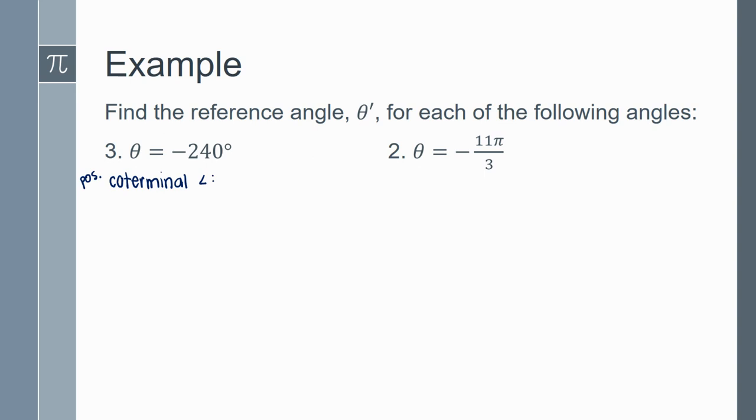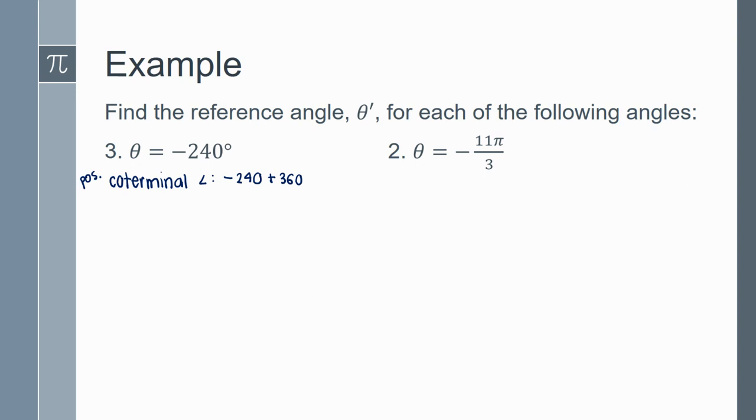Remember, positive coterminal angle means I'm taking the measure that I'm given, which is negative 240, and you're either adding or subtracting, because we're talking degrees, 360 onto it. Well, I'm going to want to add 360 here to get it to be a positive number.